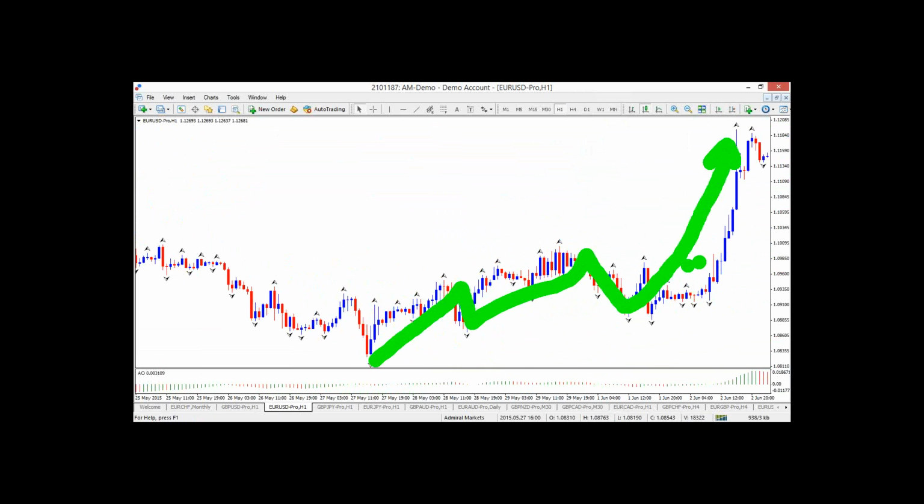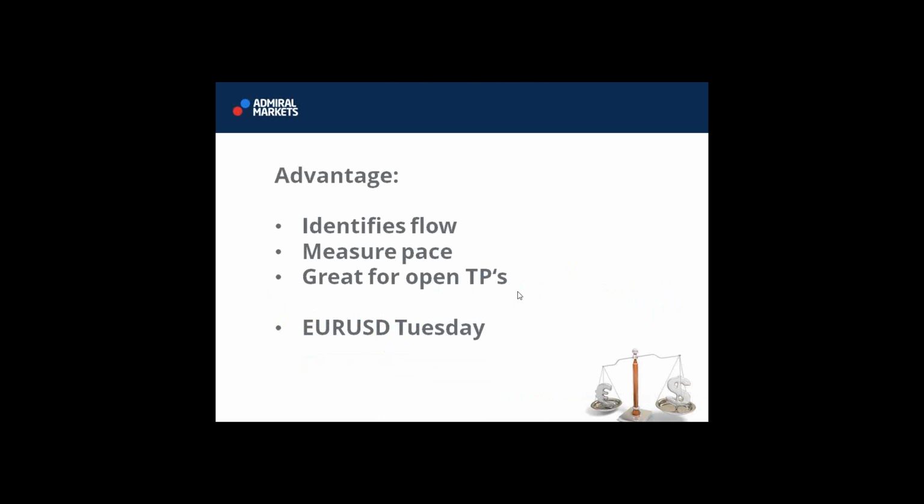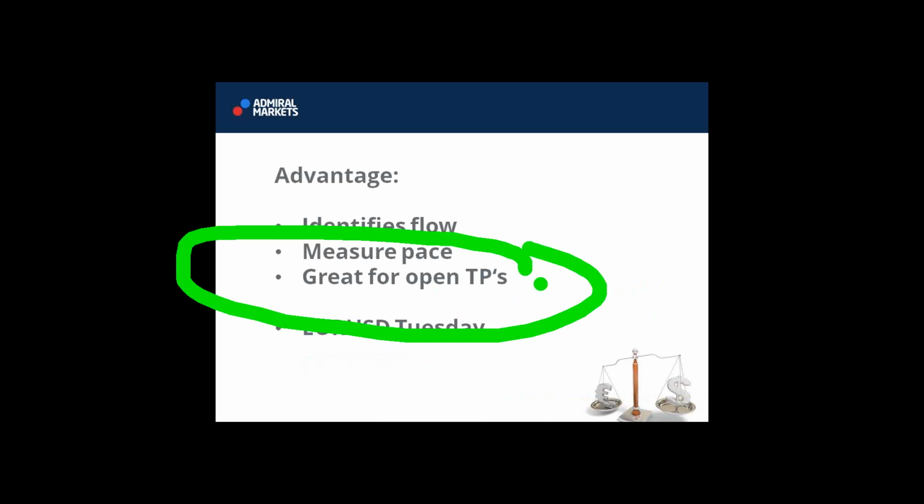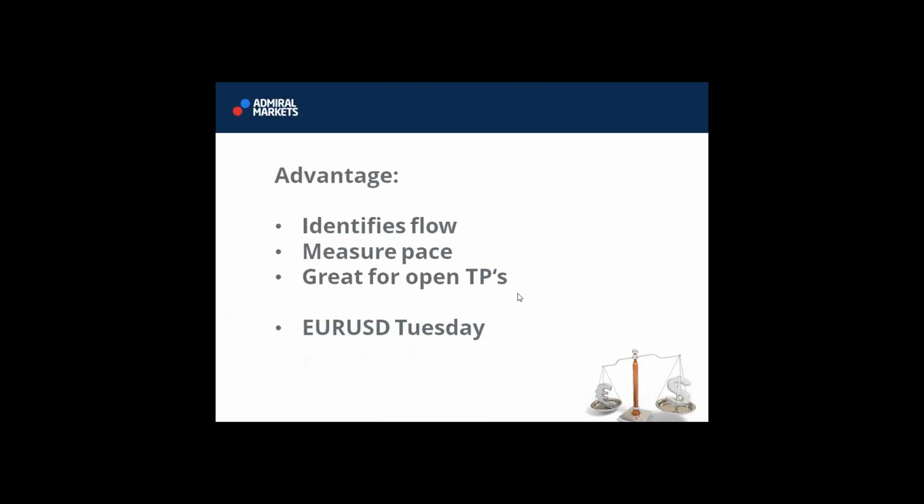And that's what happened indeed. And this was a tremendous momentum, right? So the advantage of that momentum is the fact that it's great for open TPs. We can leave it open and decide later on what kind of target level could be optimal.